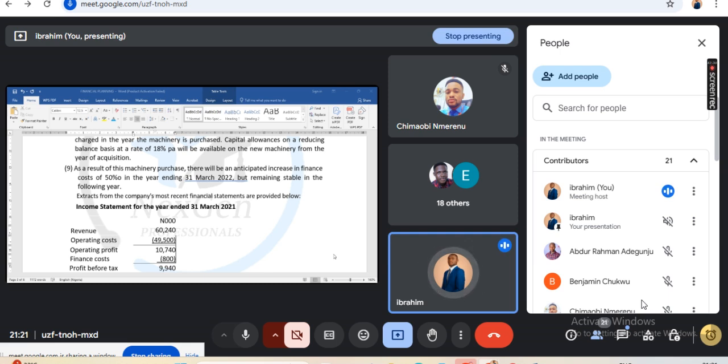That is why they mention that it excludes depreciation, which means that we have to remove the depreciation element from 49,500.